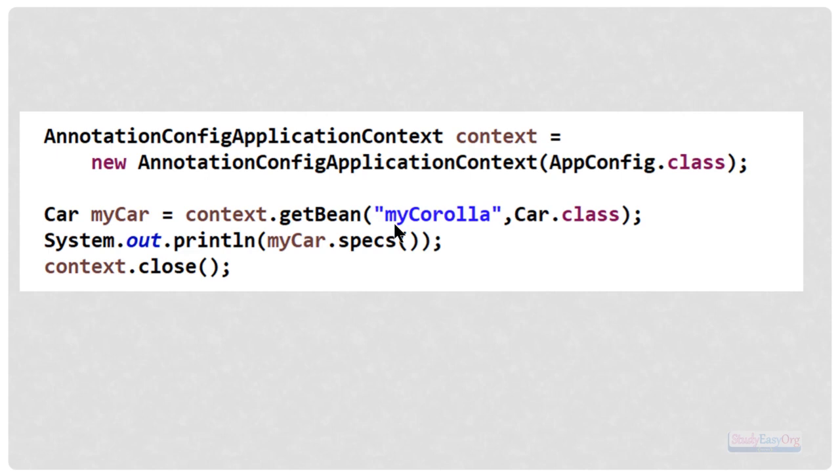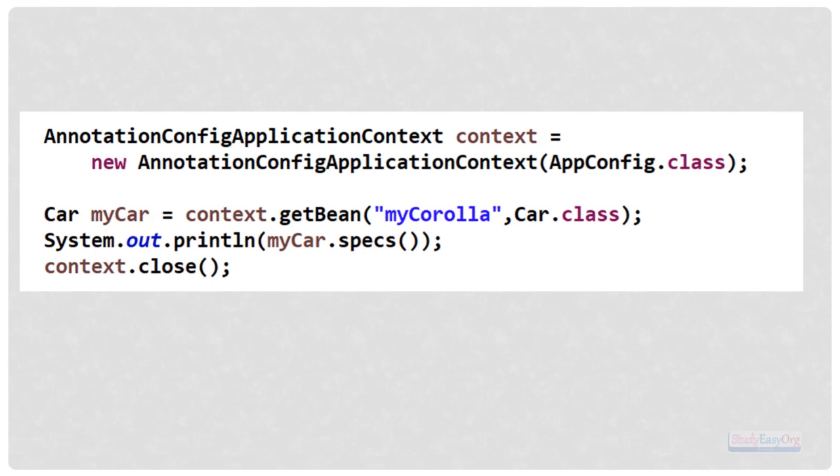This is very convenient because here we need not worry about creating an object, whereas we can dynamically extract an object from the bean factory. So this is handy, this is good, and this concept of injecting an object from the bean factory into a class object is nothing but dependency injection.